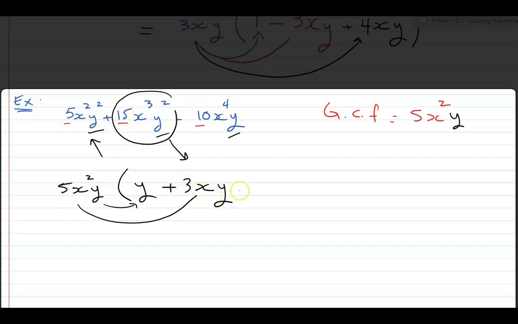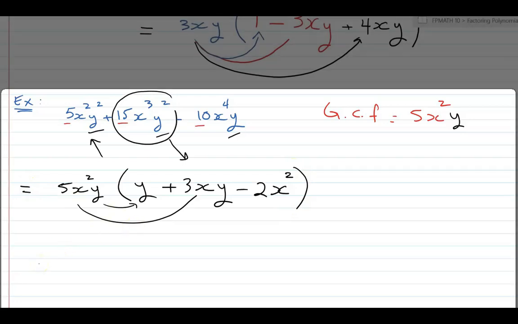And then the last one will be 2, with a minus sign because that's a minus 10. The y is already common, but with the x's we only multiply x squared by x squared to get the 10x to the 4th y. All right, and this is the factored form of the original polynomial.